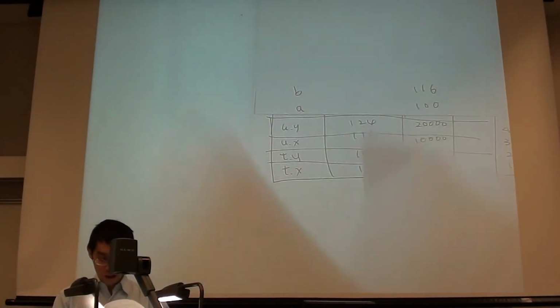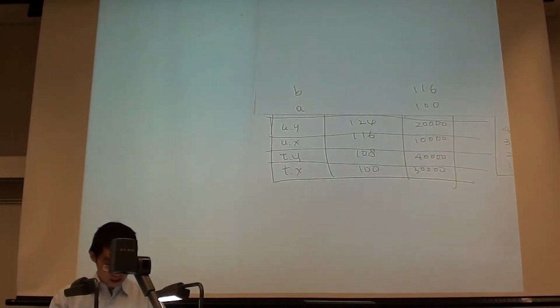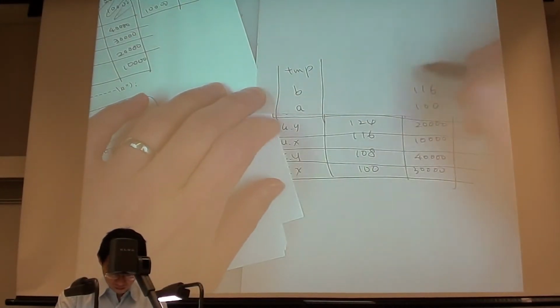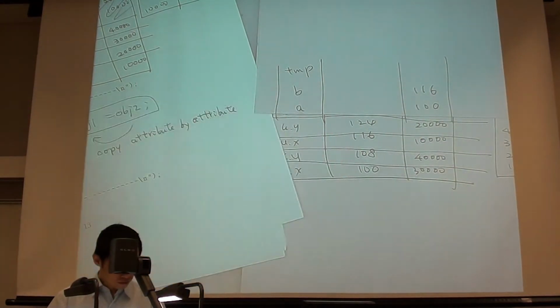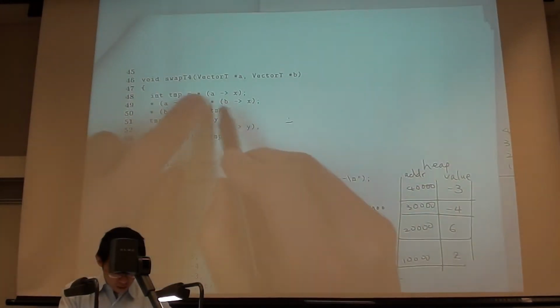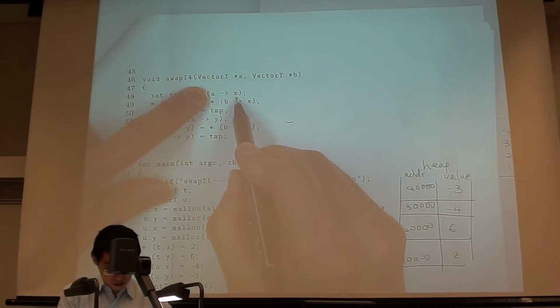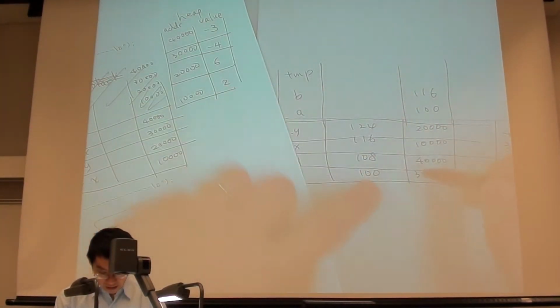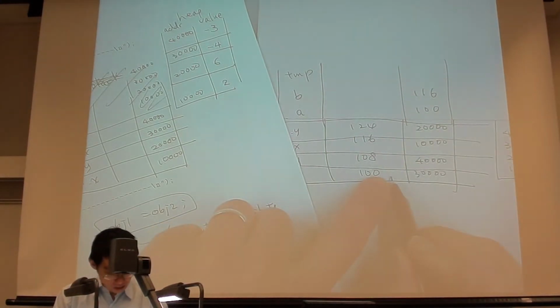And swap 4 says temp equal to A->X. So A is going to take 100. X refers to this one without a star.